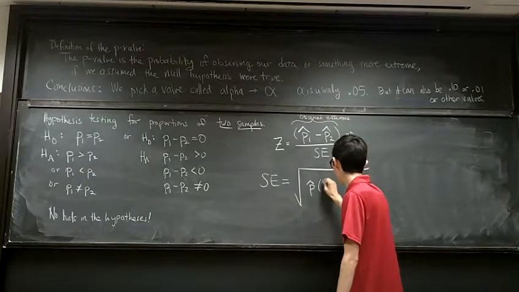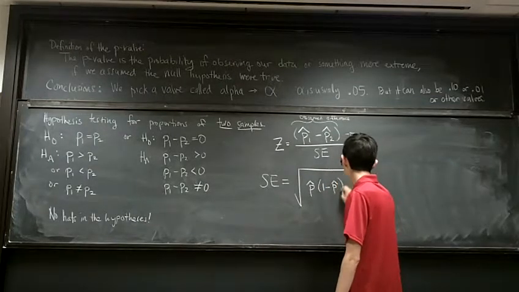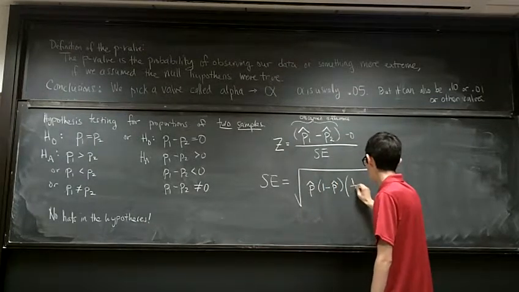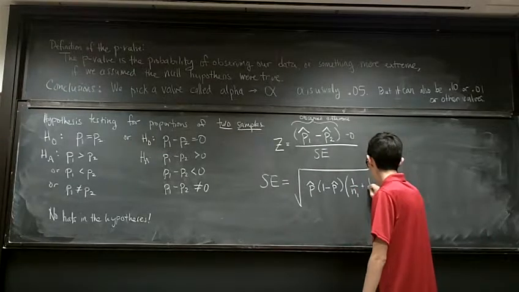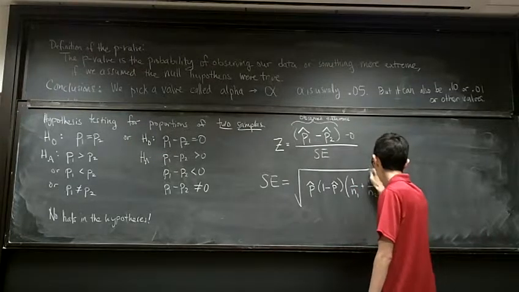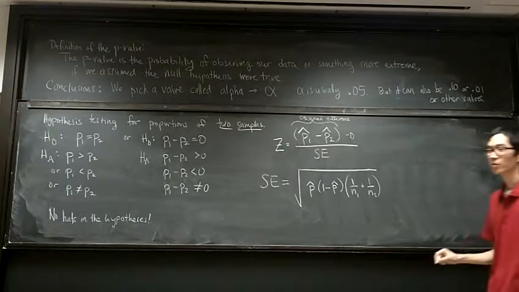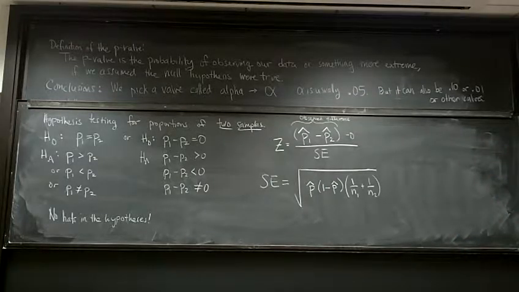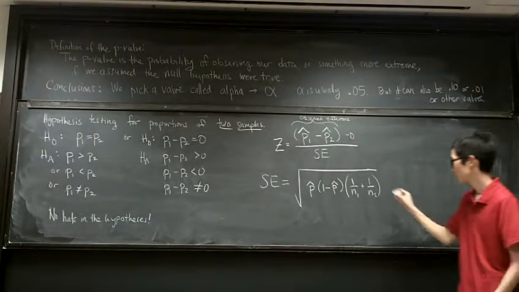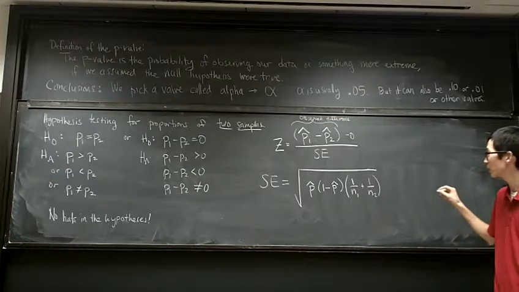Okay. p hat times 1 minus p hat times the quantity 1 over n1 plus 1 over n2.